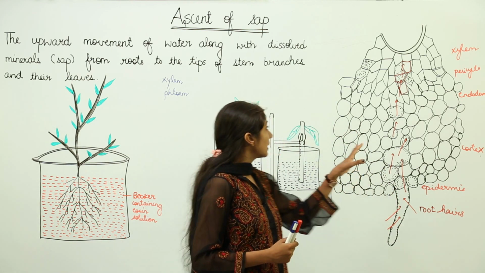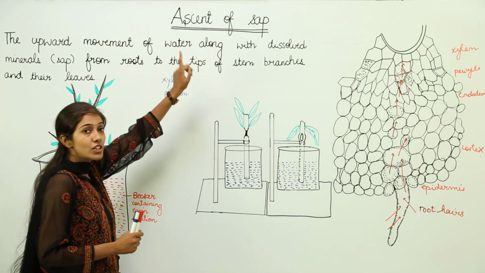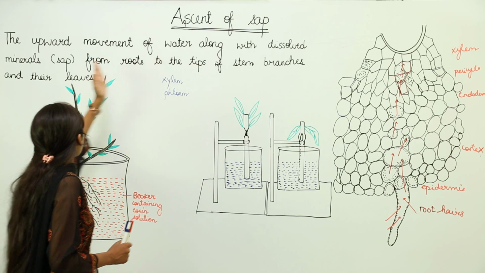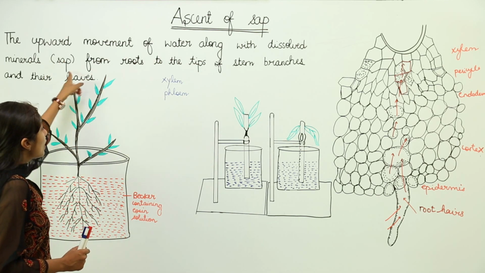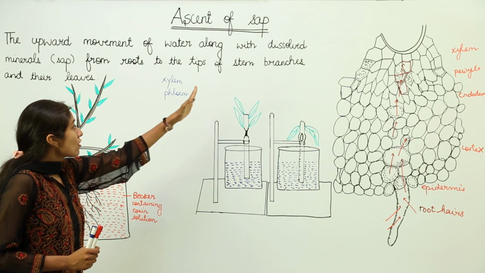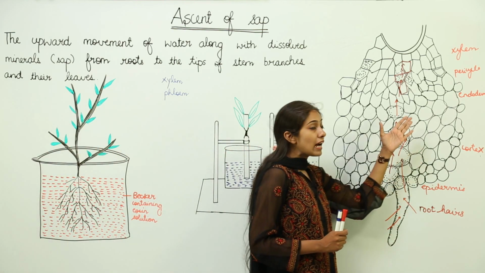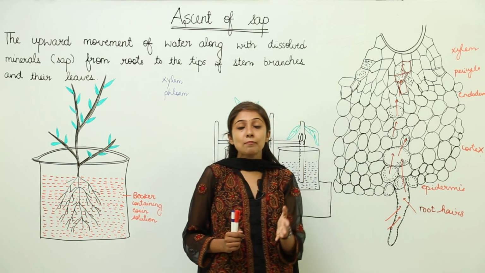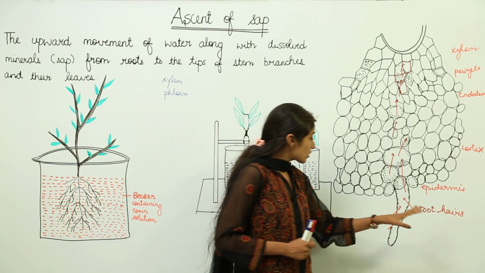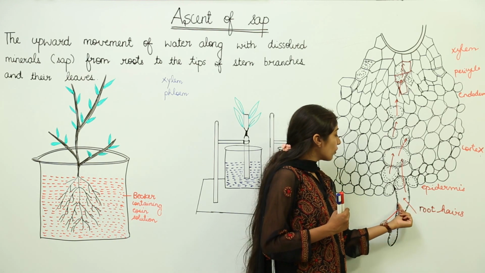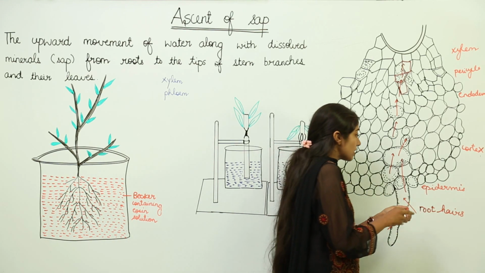So we are discussing the ascent of sap, which is what? It is the upward movement of water along with dissolved minerals that we call sap from roots to the tips of stem, branches and leaves. So I have shown you the path of ascent of sap. The sap is absorbed from the soil, it enters the root hairs. From the root hairs it enters the epidermis.